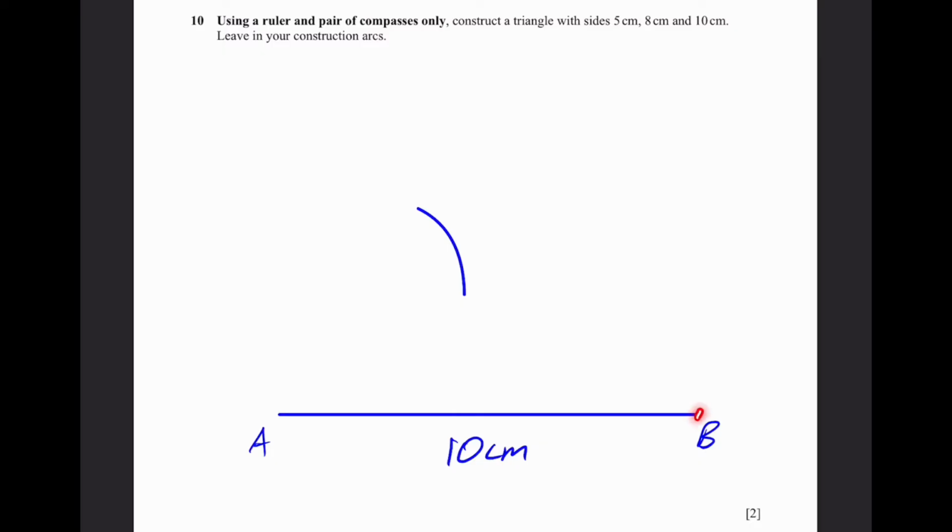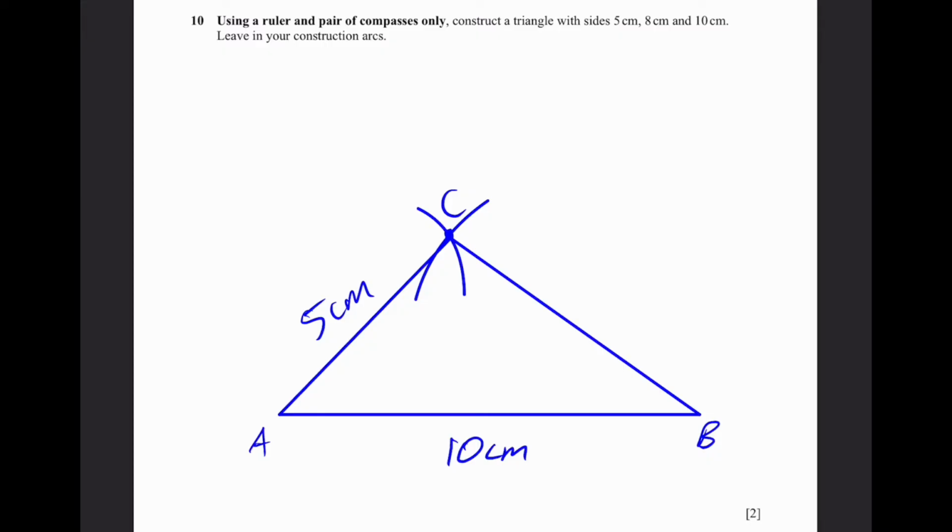And then place your compass needle at B, and now draw another arc here. And let's say that's the arc for 8 centimeters. Now the intersection point of the 2 arcs is the point C, which is the 3rd point of the triangle. Now you can connect the dots. And we can label this side as 5 centimeters and 8 centimeters. This is our answer.